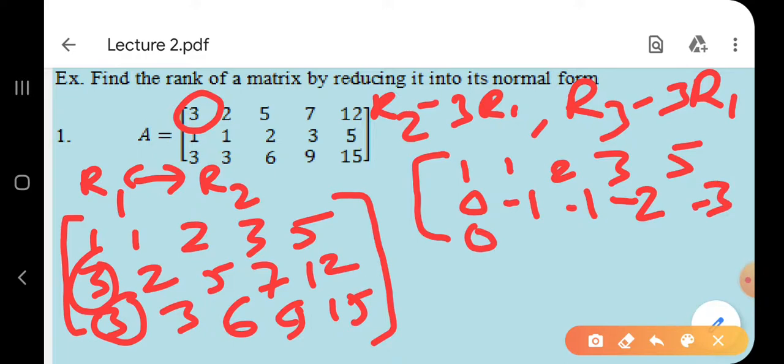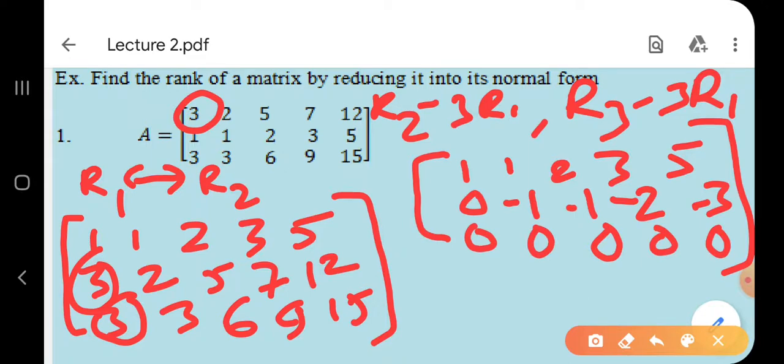Then 0, 3 minus 3, 0. Then 3 minus 3, I get 0. 6 minus 6, I get 0. 9 minus 3 into 3, again 9, so it is 0. Then 15 minus 15, it is also 0. Directly we get the last row 0. So only 2 rows are present, we get the rank of the matrix. But this is not the normal form.